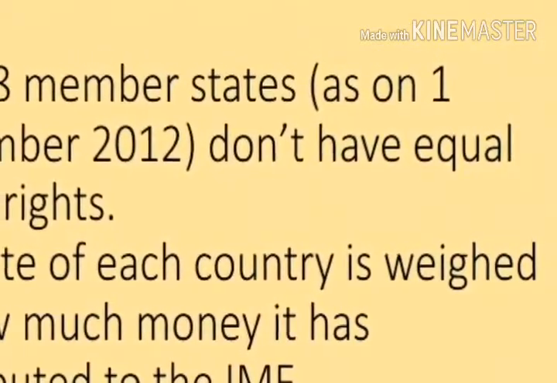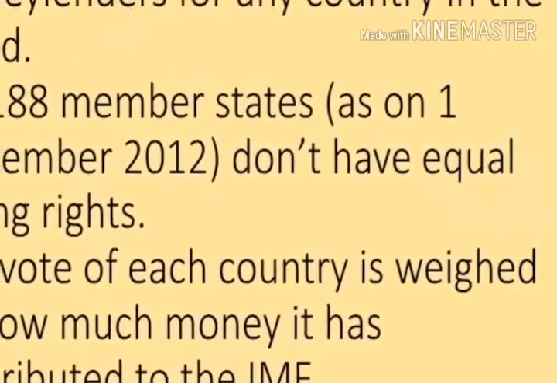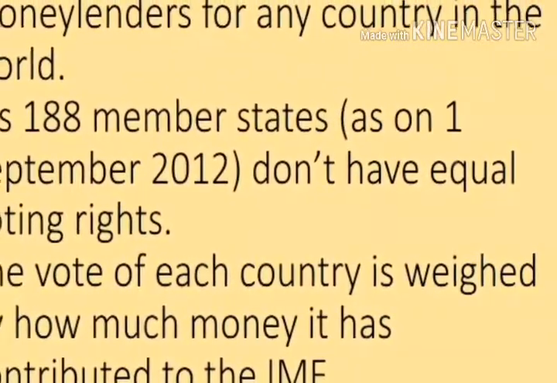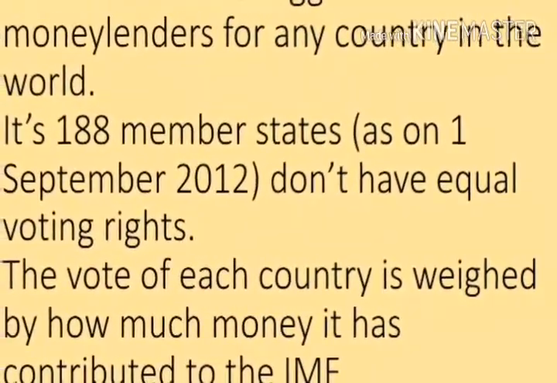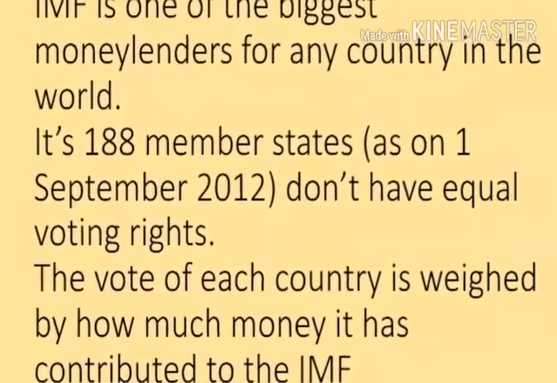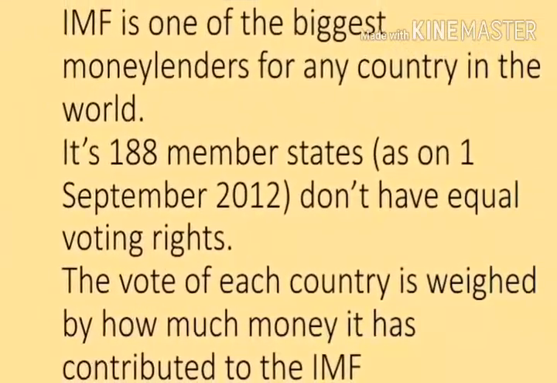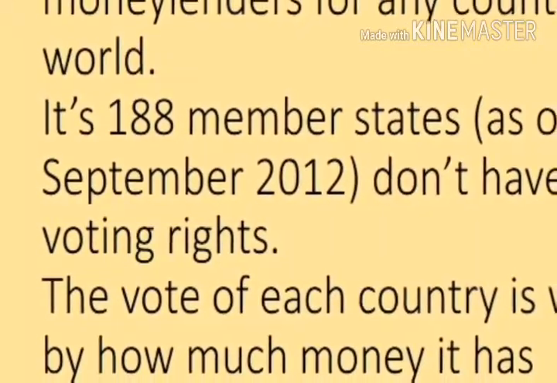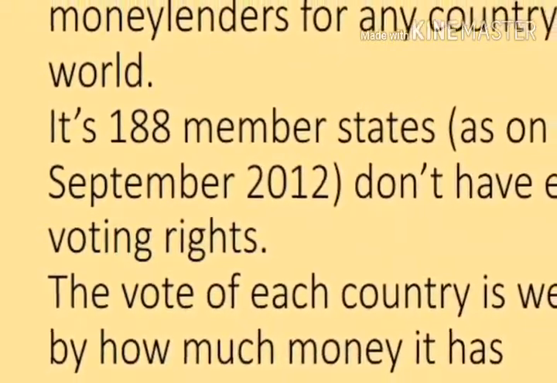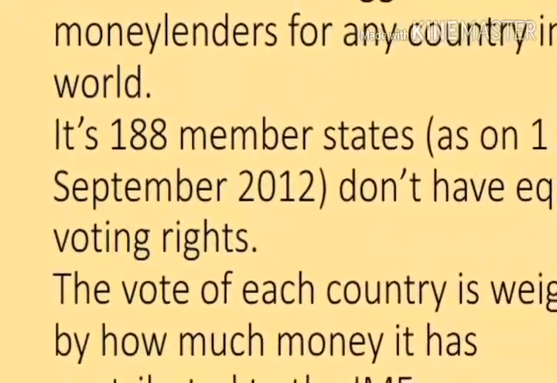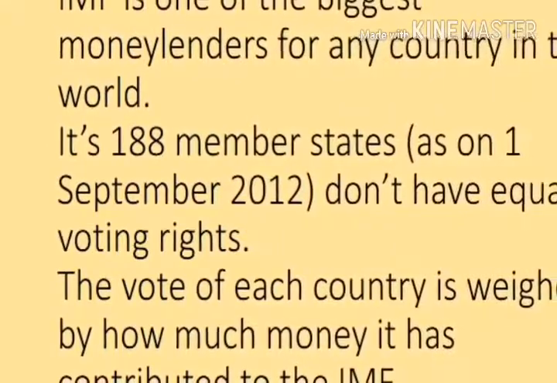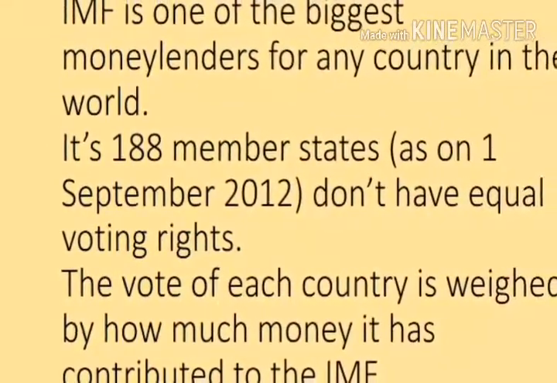Student, the International Monetary Fund is one of the biggest money lenders for any country in the world. Student, its 188 member states do not have equal voting rights, and the vote of each country is weighed by how much money it has contributed to the IMF.